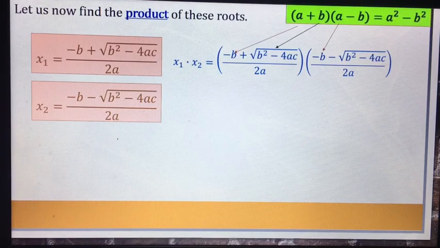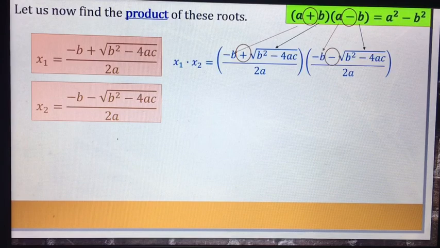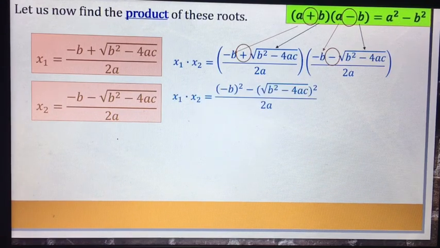Then the negative b is the first term again, and the square root of b squared minus 4ac is the second term. That is a sum and a difference. So we can say they are in the form of the product of the sum and difference of two terms. When that is the case, just multiply the first term by itself.